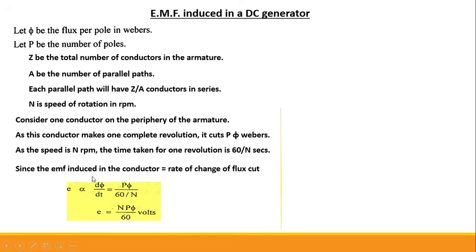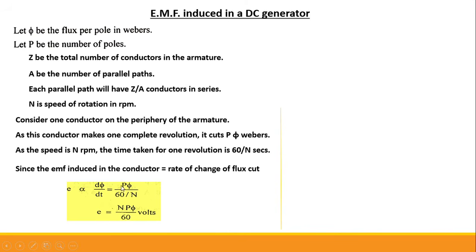Since the EMF induced in the conductor is equal to the rate of change of flux cut, according to Faraday's law, EMF induced in the conductor is directly proportional to the rate of change of flux. So E is proportional to d phi by dt. Instead of writing d phi, we can write P phi, as this conductor makes one complete revolution, it cuts P phi Webers.